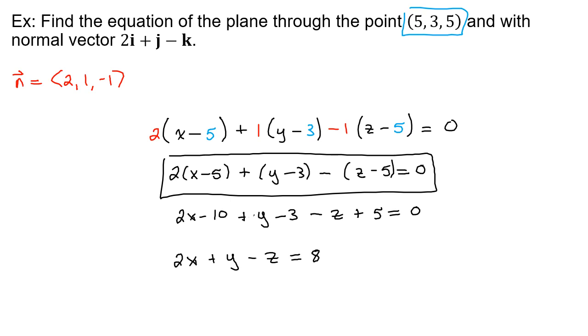So if you move it to the other side, you could make it, say, positive 8. So either one is actually good. I don't see the point in doing that much work when you have a scalar equation like the first box. That's where I would stop. So that's as easy of an equation of a plane as you can ever get.